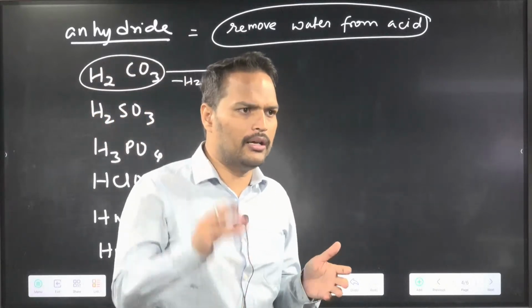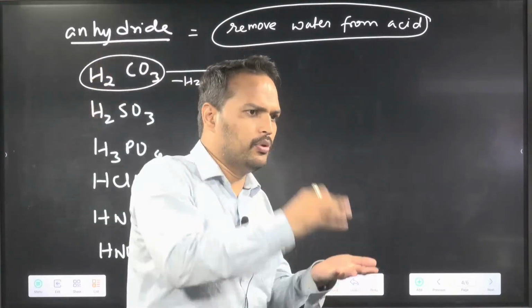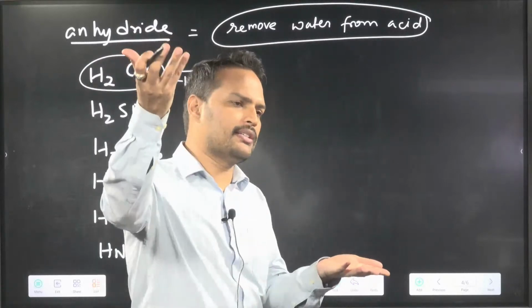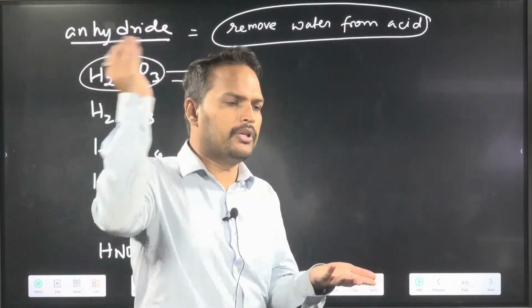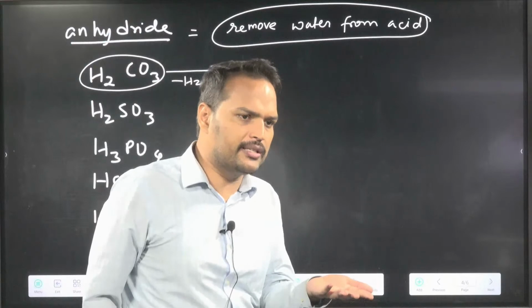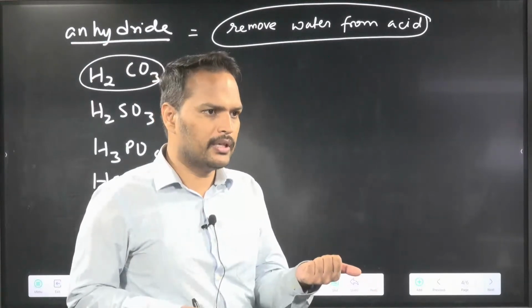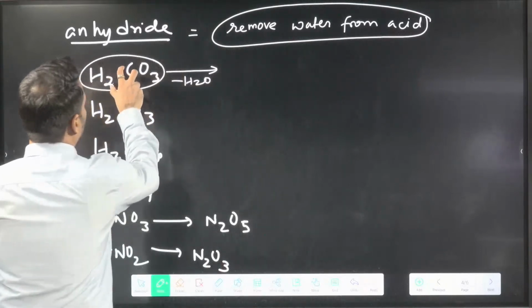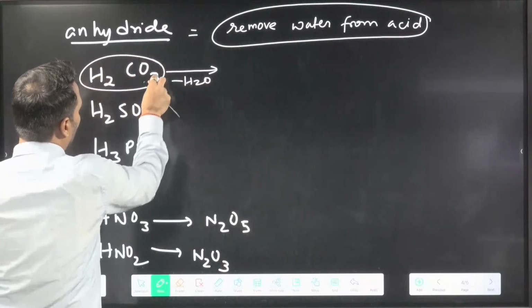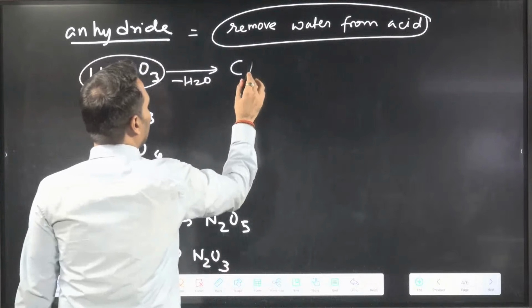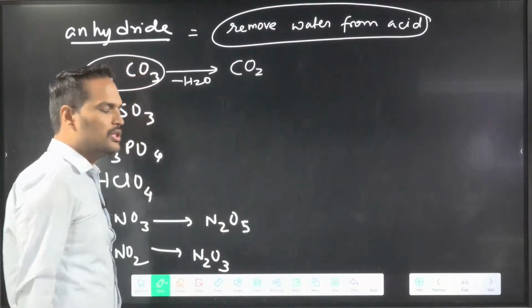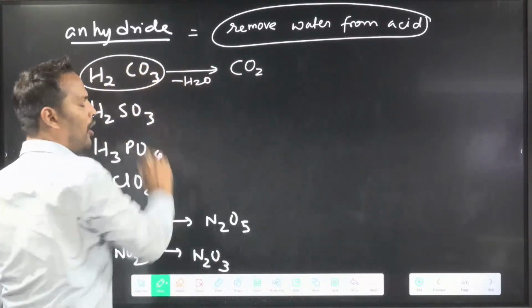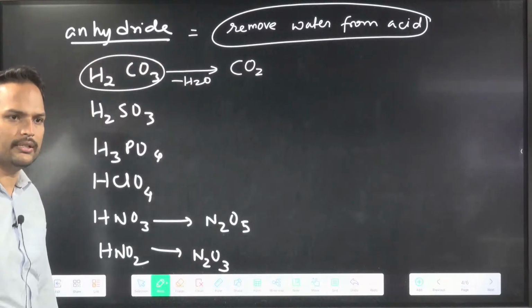I told you, take an oxide, put it in water, you get an acid, acidic oxide. Put it in water, you get a base, basic oxide. Now you have to do the reverse. You have an acid, remove water, H2O. So what is left? CO2. So CO2 is the anhydride of H2CO3.